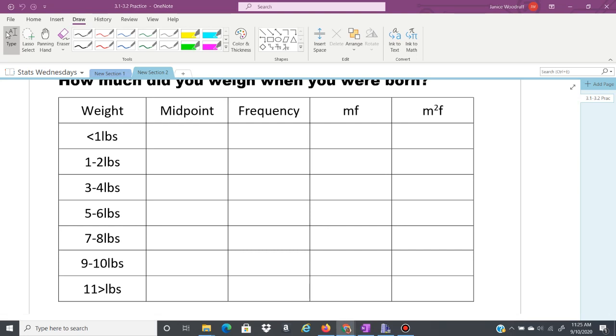Type in. You guys can go ahead and type in. So here's the thing about boundaries. If you weighed 8.4 pounds, so my son was 8 pounds 4 ounces, so we'll say 8.4, even though it's 4 out of 16. But anyway, if you weighed 8.4, are you going to be in that 7 to 8 pounds, or are you going to be in that 9 to 10 pounds?